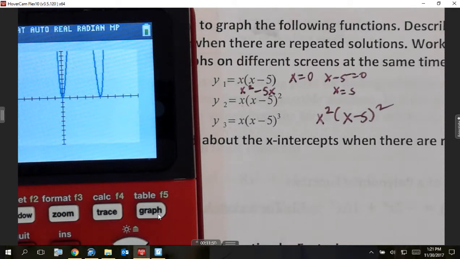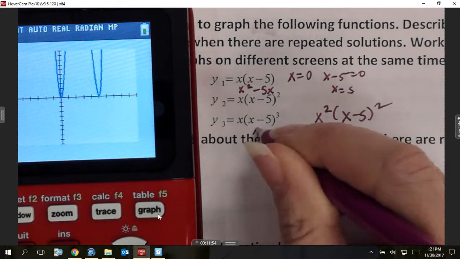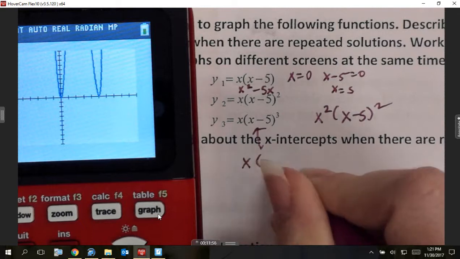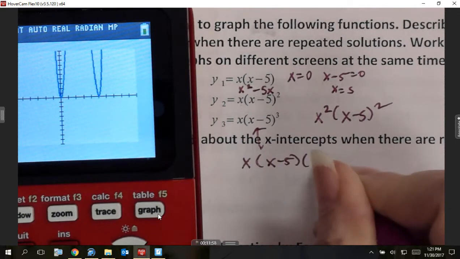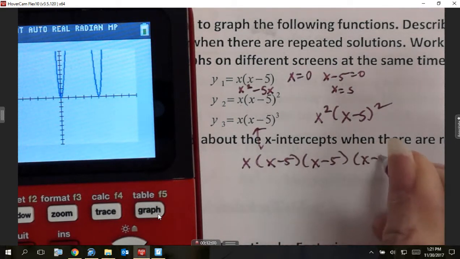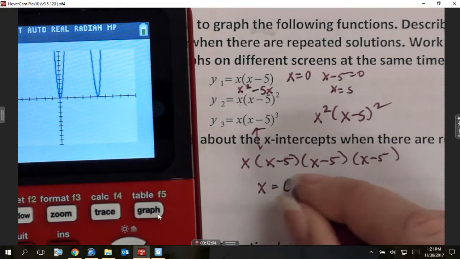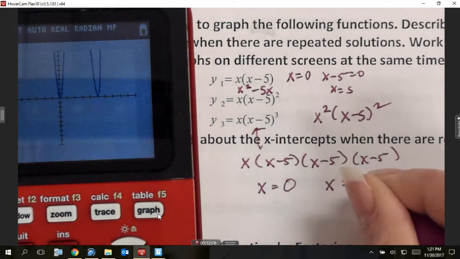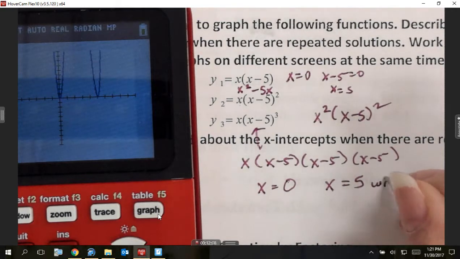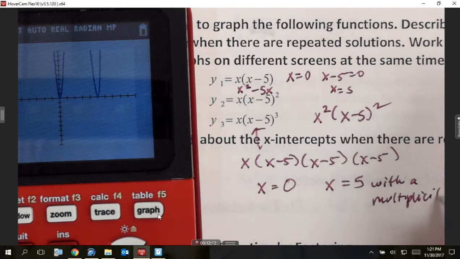So if I were to write those factors all the way out, it would look like x, x minus 5, x minus 5, x minus 5. So my x-intercepts, I would have 1 at 0, and I would have 1 at 5 with a multiplicity of 3. Am I on the screen? Kind of.